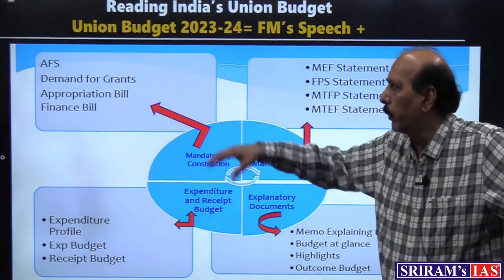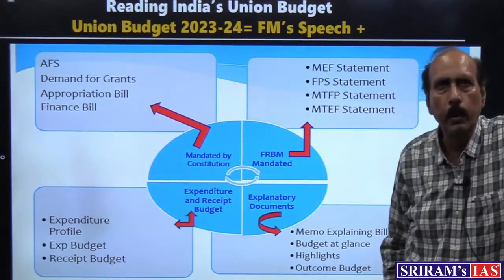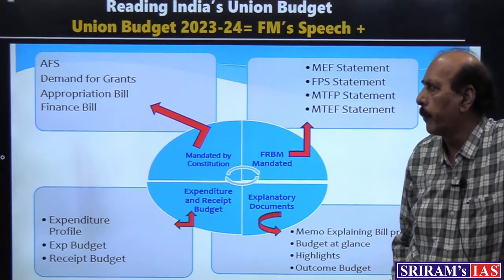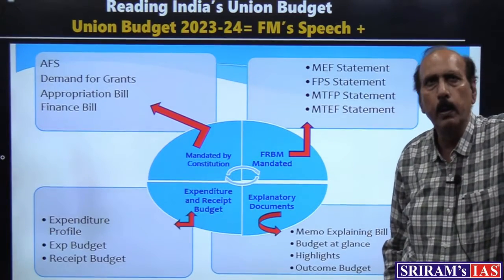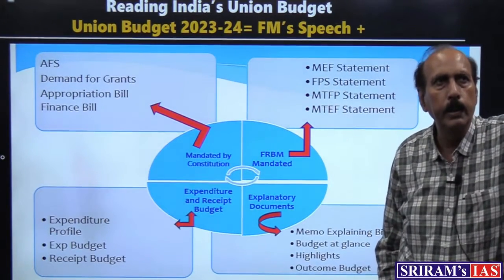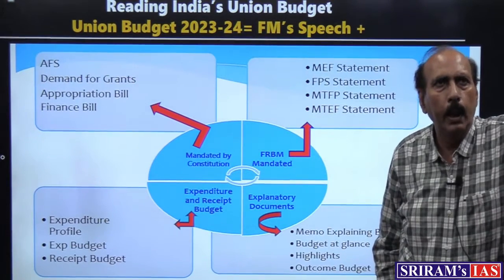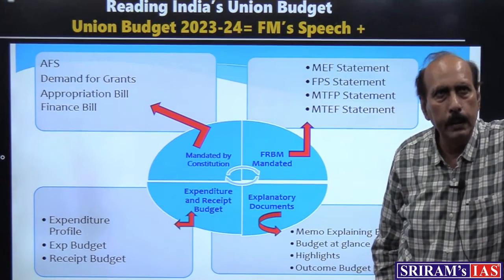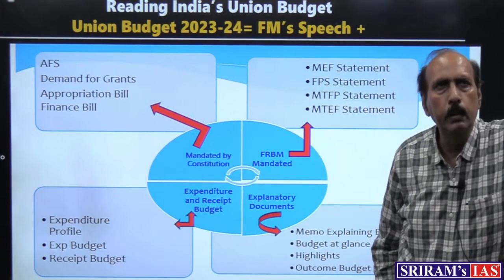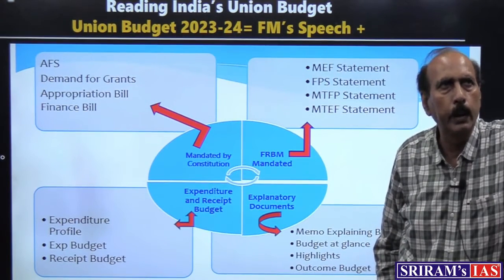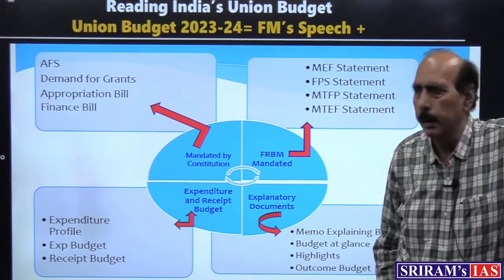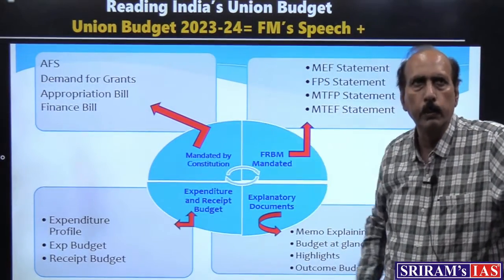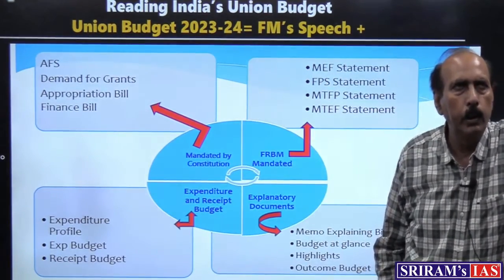These four documents are the annual financial statement, demand for grants, appropriation bill and finance bill. These four documents have to be placed as a component of the budget. And these are mandated by the Constitution of India under different articles. These are the four important documents. No budget can be presented without these four documents.